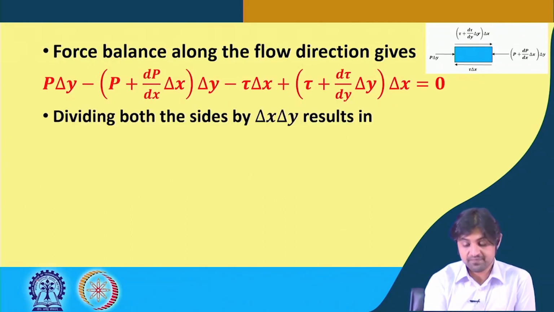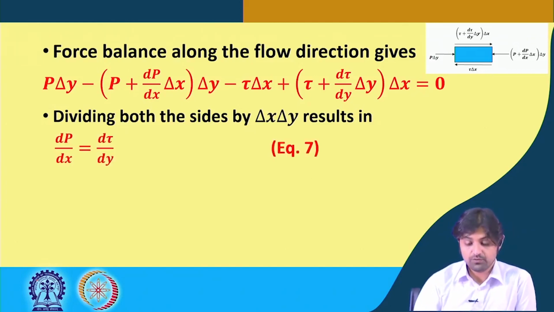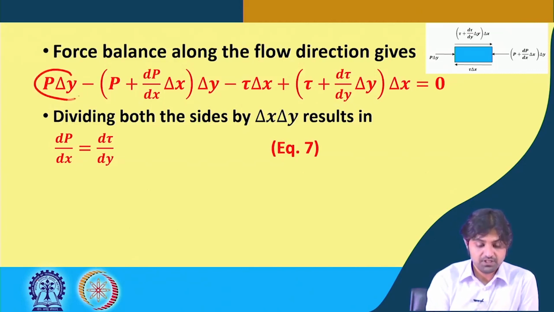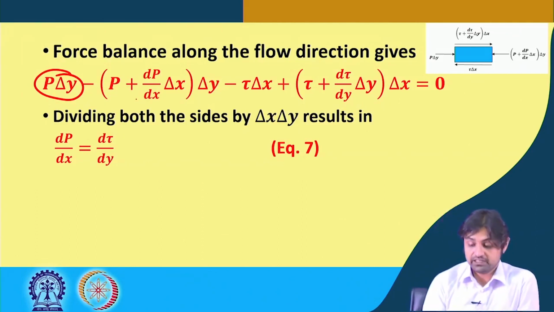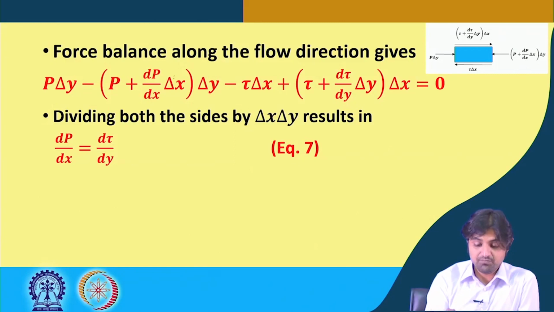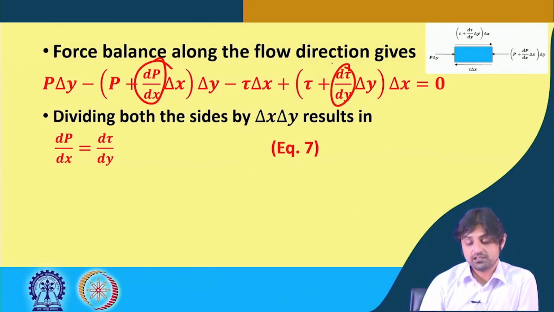Now, if we divide both sides by delta x into delta y, that is the area, and do these cancellations, what we are actually left with is dP/dx here and dT/dy; the rest of the things will get cancelled.